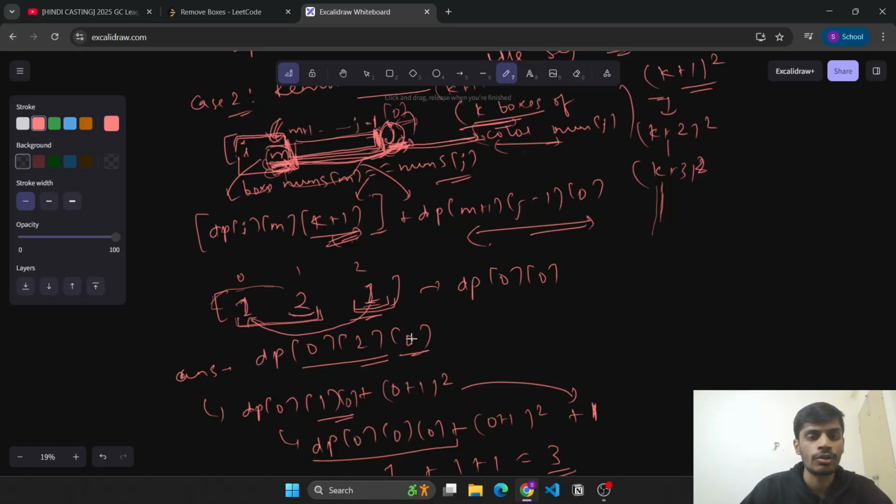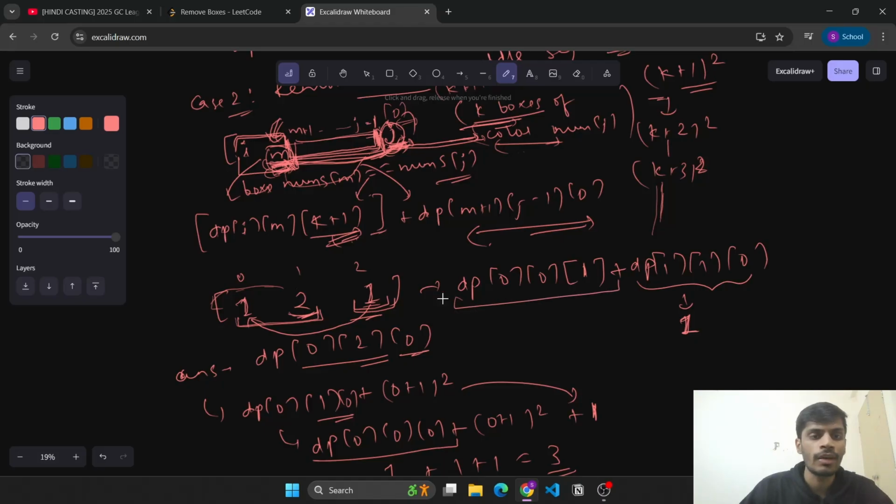Initially k was 0, so it will be 1. And we solve this subproblem separately, which will be m plus 1 till j minus 1, so dp of 1, 1 and 0. Now this will result in answer 1 because it is a single length sequence.